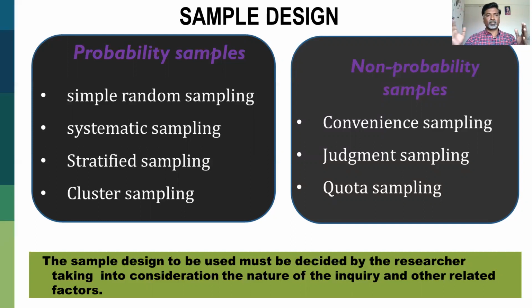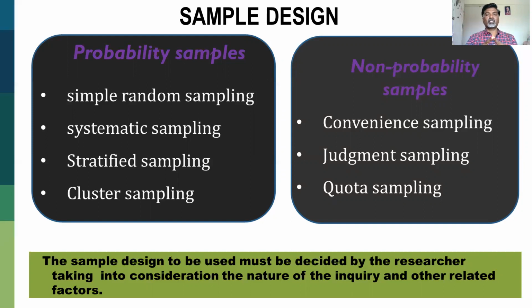By using some standard rules, by creating groups and taking the first member from each group, or odd number groups, even number groups, some systematic method. If you select the members using that, it is called systematic sampling. The third one is stratified sampling. If the respondents are of heterogeneous type, then to create samples of homogeneous type by creating strata, and if you select the sample from each stratum, that is called stratified sampling.